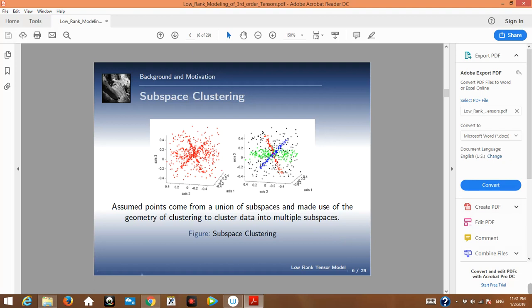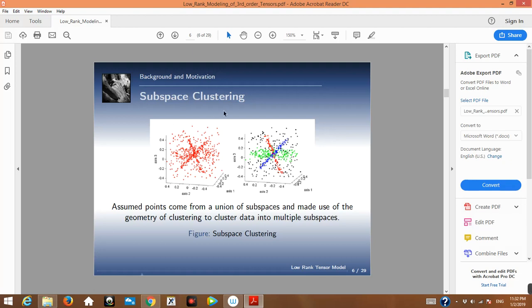Subspace clustering is also a very useful technique, and this clustering technique is different from traditional clustering methods. It is well known that the k-means clustering method is very popular for grouping data into several different clusters. Points in the same cluster are very similar, and points in different clusters are very different.